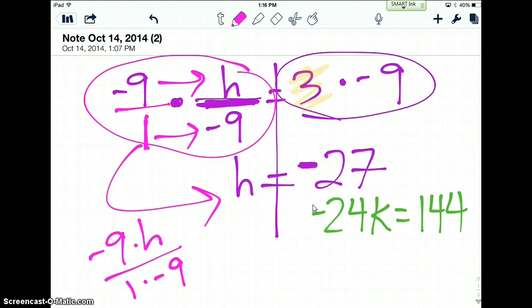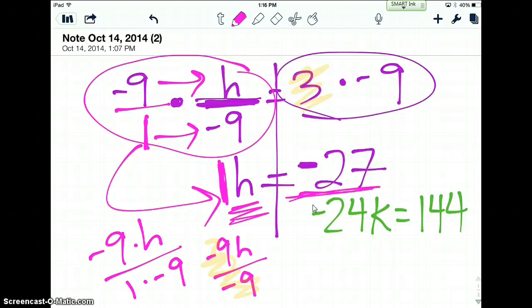So really, we have negative 9h over 1 times negative 9, which is negative 9. And what is negative 9 divided by negative 9? Oh my gosh, it's 1. That's why we're left with 1h, which is equivalent to negative 27.